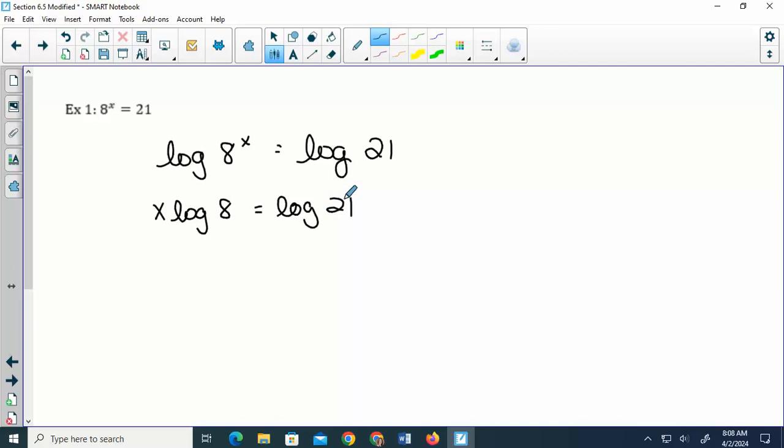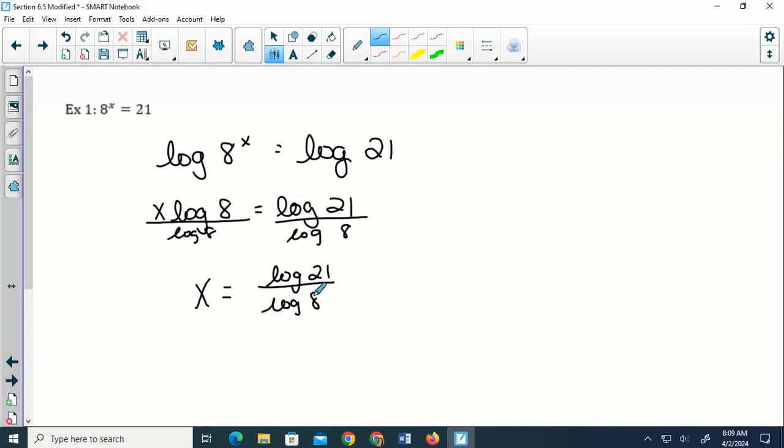How could I get my x by itself then? Divide by log 8. Now when you do that, those logs don't cancel, so don't try that. But we just have the log of 21 divided by the log of 8.